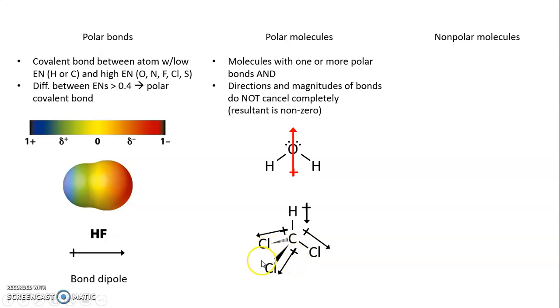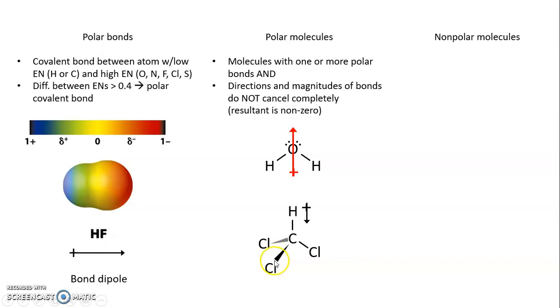Okay, and you can see here that I've used this wedge and dash formalism to show the three-dimensional structure of the chlorines, right? So this chlorine and this hydrogen are in the page along with the carbon atom, and then this chlorine is coming out of the page, and so that's why you can see it's got this wedge.